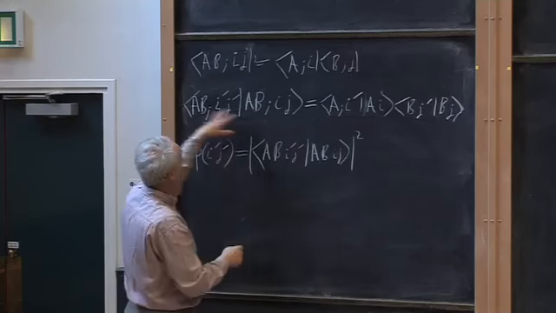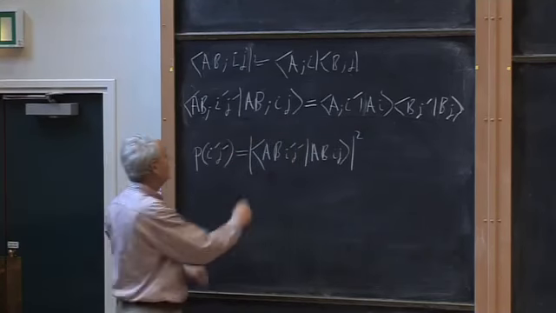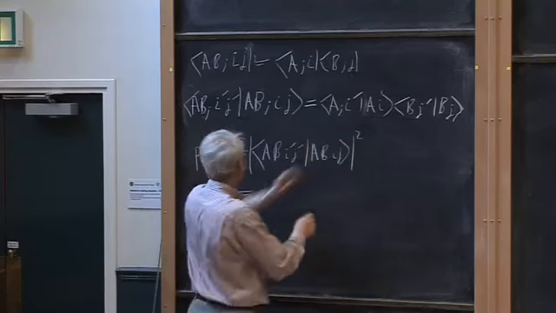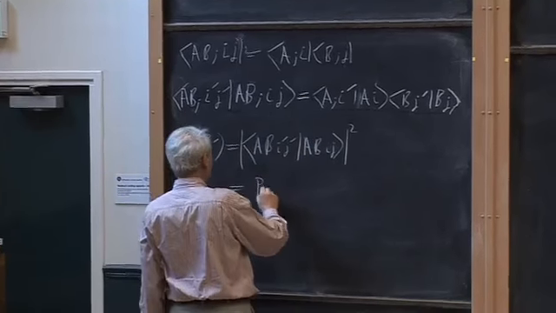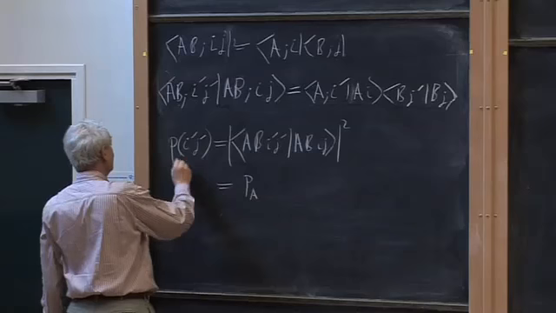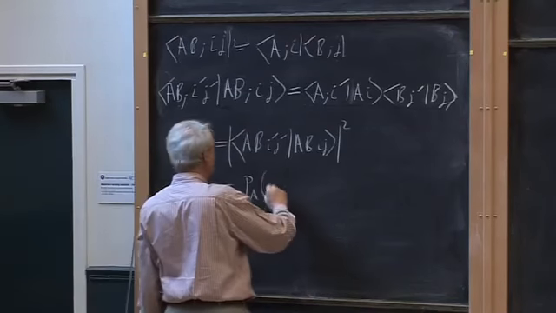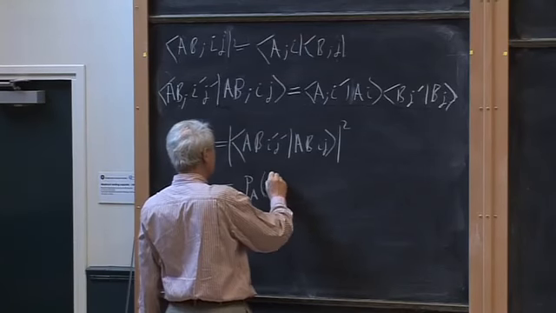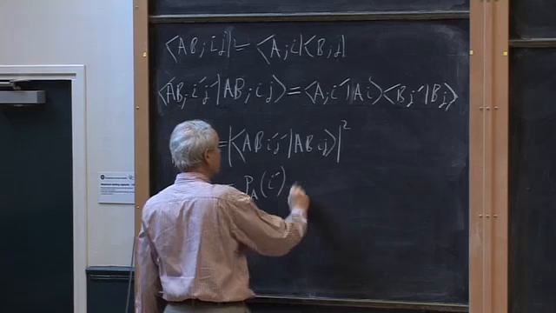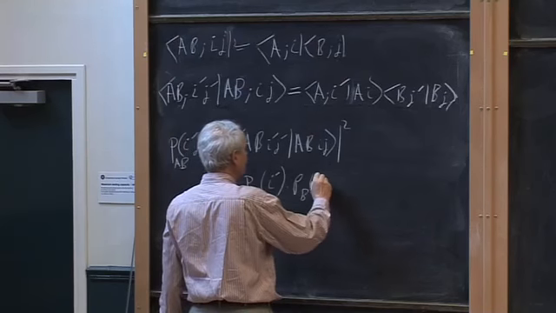That's how we would interpret this complex number. And according to this formula, this is equal to the product of the probability for system A of getting the result I primed times the probability of getting the result J primed.